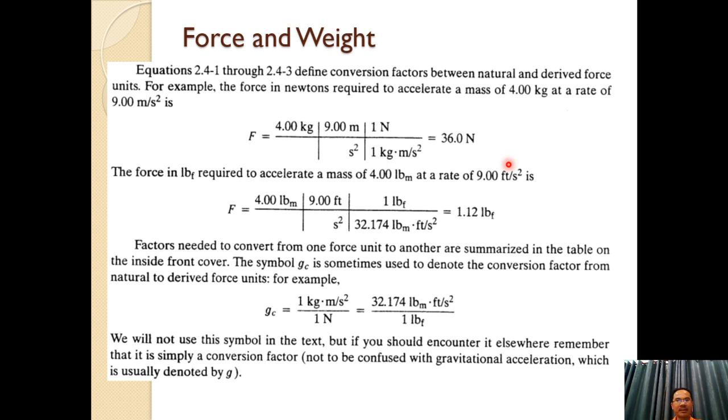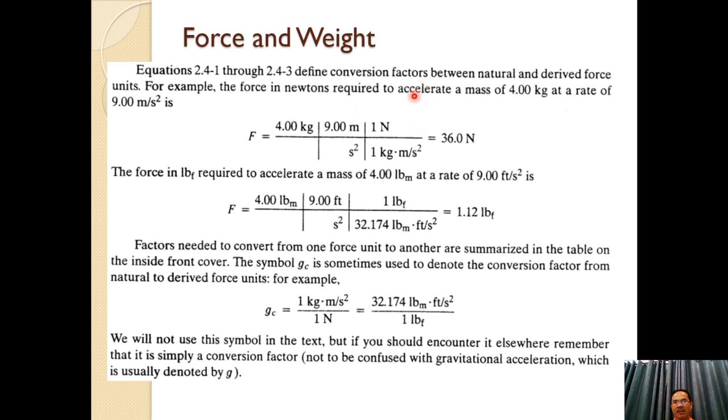Okay, for example, we would like to find the force in Newton required to accelerate a mass of 4 kg at a rate of 9 meters per second square. From physics, you know the formula to calculate the force: F equals ma.